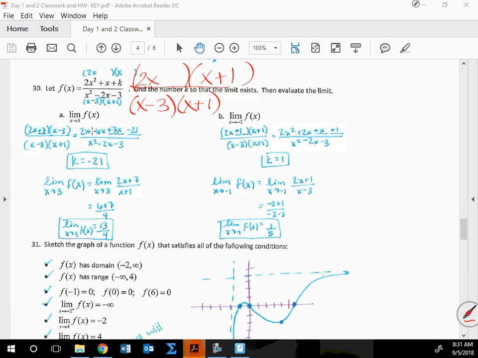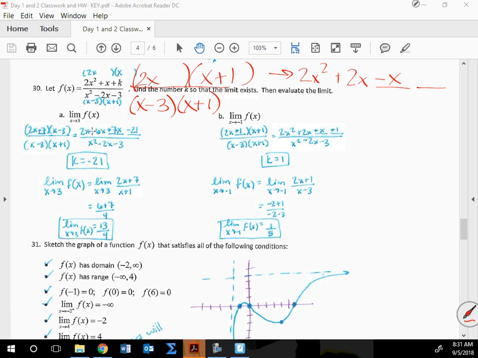So at this point, I'm just going to go ahead and multiply out what I do have so far. So I have 2x squared plus 2x. And I don't know what this is going to be, and I don't know what this is going to be. All right? Now, I need it to add to give me just 1x. So if I currently have 2x, in order for it to simplify to just 1x, I need to have a negative x.